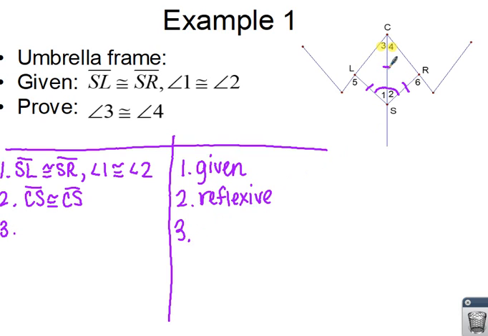Okay, so right here is your reflexive property. So now this triangle on the left and the triangle on the right have side, angle, side. So we can say triangle CLS is congruent to triangle CRS, and that's by side, angle, side.